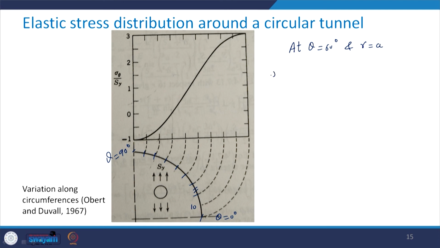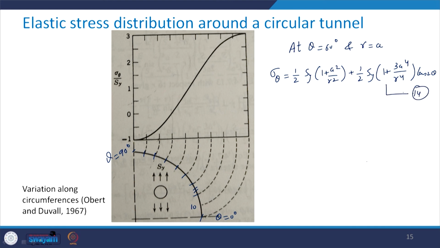So, this sigma theta will be what? This was the expression from this equation, that is Sy times 1 plus a square upon r square, plus half Sy times 1 plus 3a to the power 4 upon r to the power 4 cos of 2 theta. This was our equation number 14. Just substitute r equal to a and theta equal to 60 in this and see what value of sigma theta you get.